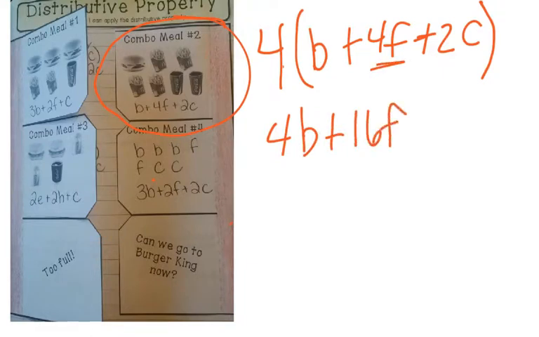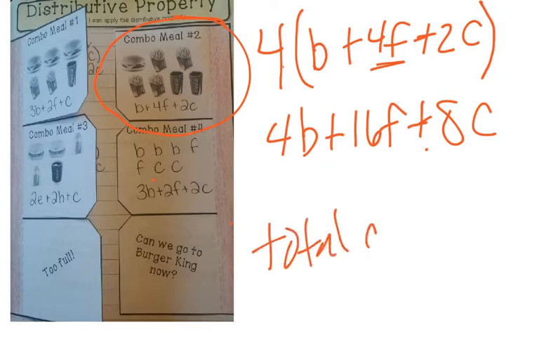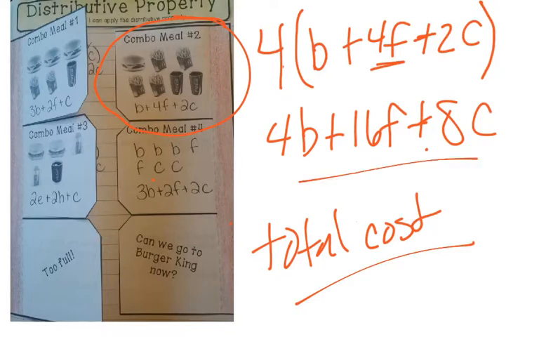I keep my F plus 4 times 2C. 4 times 2 is 8 for my coefficient, and I keep C for my variable. So my new expression now is 4B plus 16F plus 8C. And then I can figure out how much my total cost is if I knew how much each item costs. Okay, so that is how you use distributive property.